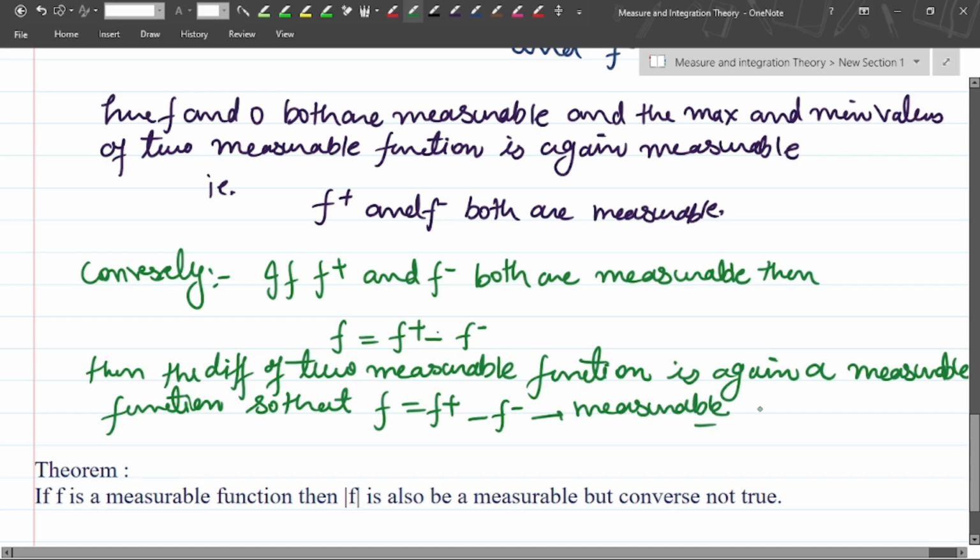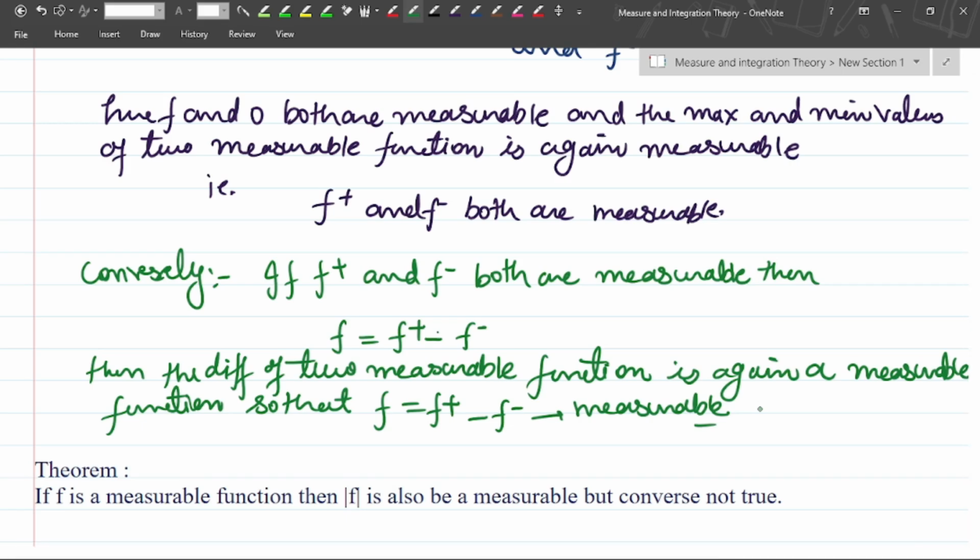If these both are measurable, then addition, multiplication, and difference are all measurable functions. This is the result that we have earlier proved, and we can just use that result here.